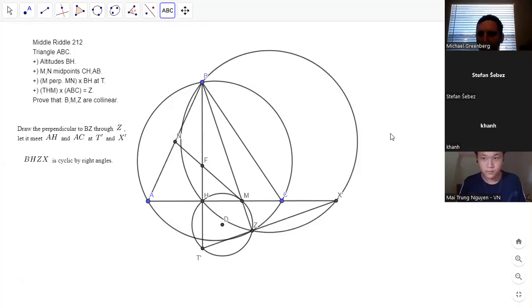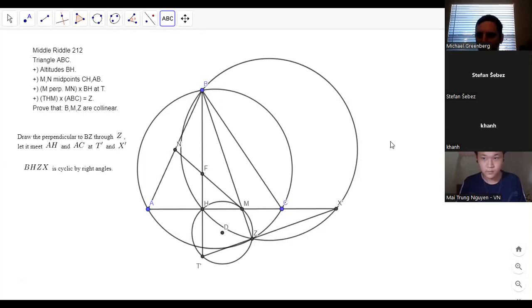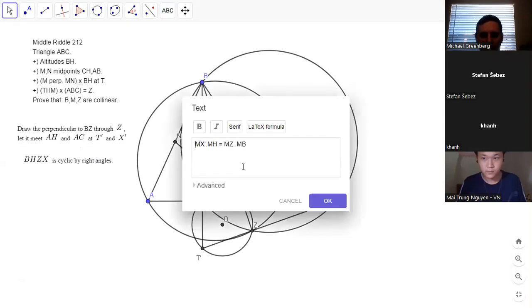And then we have this. And then MH equals MC means that MA equals MX prime.